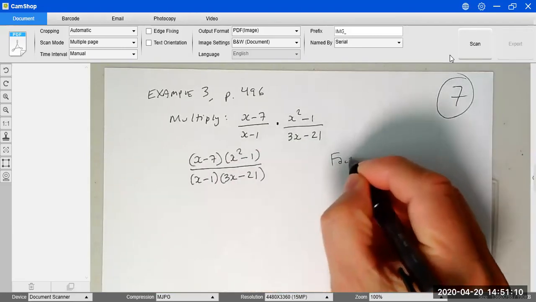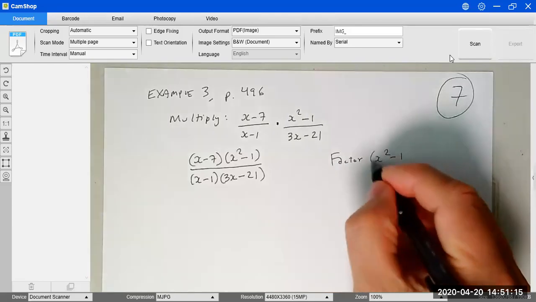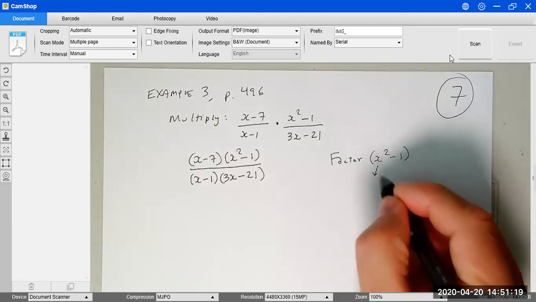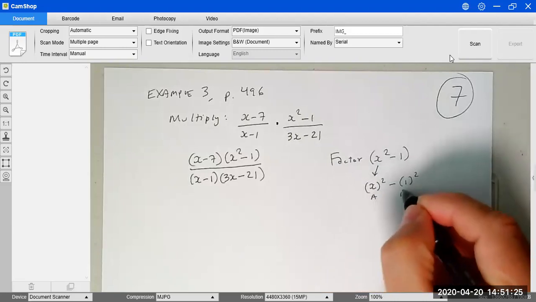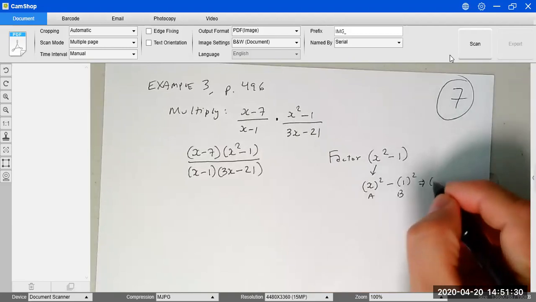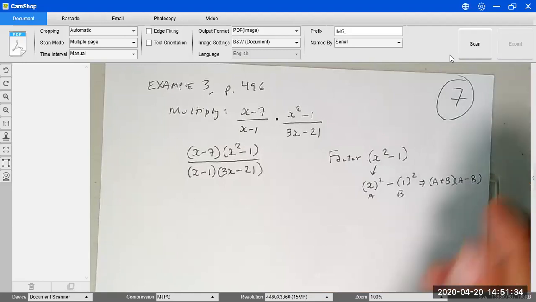So I'm going to factor x squared minus 1. You can see that this is a perfect square, x squared, and this is also a perfect square. So that's the difference of two perfect squares. So you know that you're going to use a plus b times a minus b.